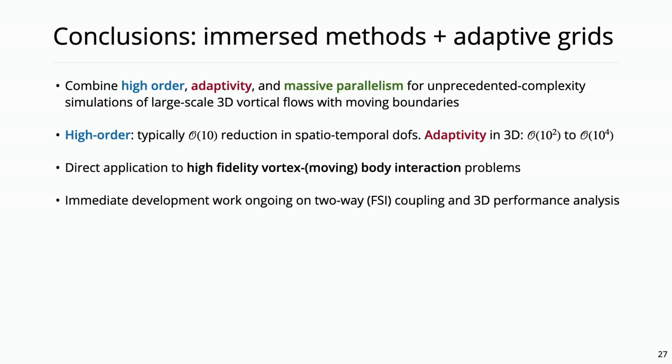Okay, so on the immersed methods and the adaptive grids, we combine high-order adaptivity and massive parallelism for unprecedented complexity simulations of large-scale 3D vortical flows with moving boundaries. Sort of hand-wavingly, the high order gets us about a 10x, order 10, reduction in spatial-temporal degrees of freedom, more in 3D than in 2D.